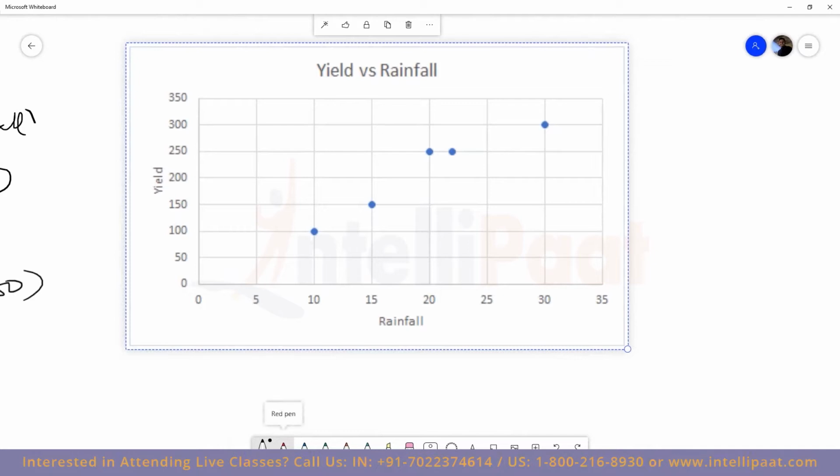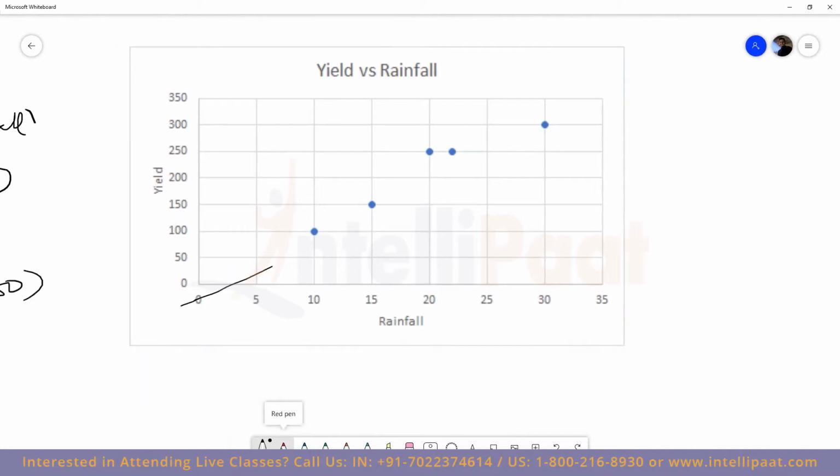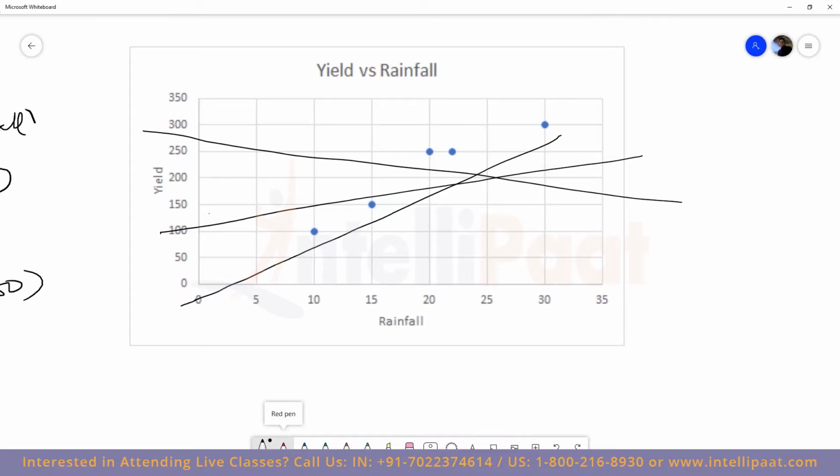So one of the lines could be something like this. Another line could be, I don't know. Another line could be something like this, and then maybe one more line which goes, let's say, like this. Let's go completely bonkers on this, completely the other way around.